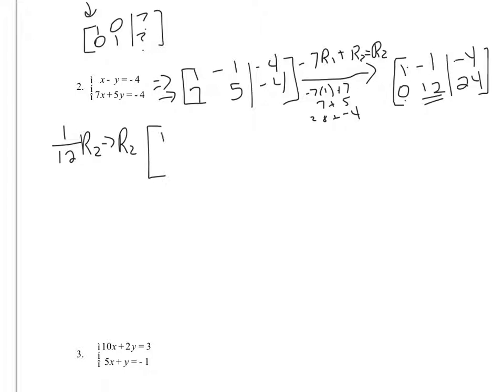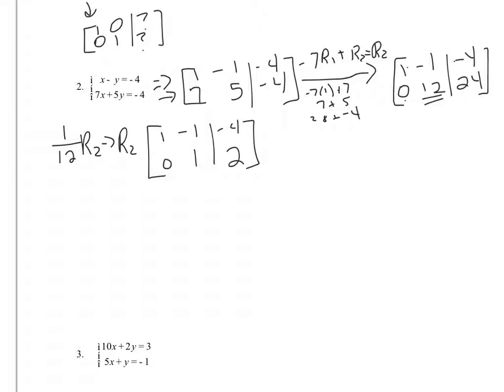Top row is still 1, -1, -4. Bottom row is 0, 1, and if I multiply 1/12 times 24/1, it becomes 2. My bottom row looks great because I have my 0 and my 1.